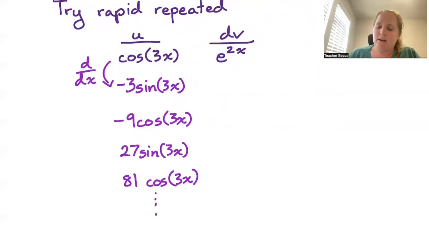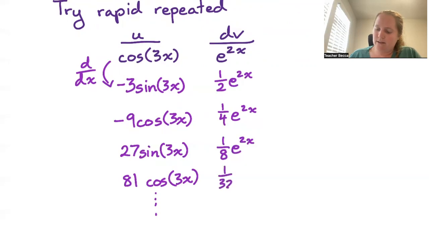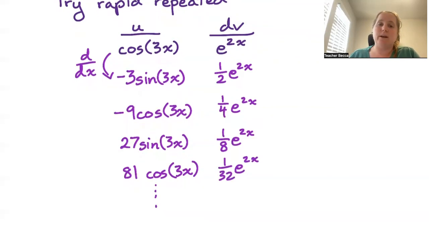The right-hand side will go to 1/2 e to the 2x, then to 1/4 e to the 2x, then to 1/8 e to the 2x, and to 1/32 e to the 2x. Essentially, we're never going to get rid of either a cosine or sine times e to the 2x.